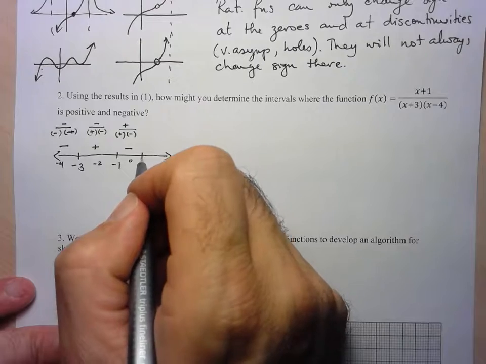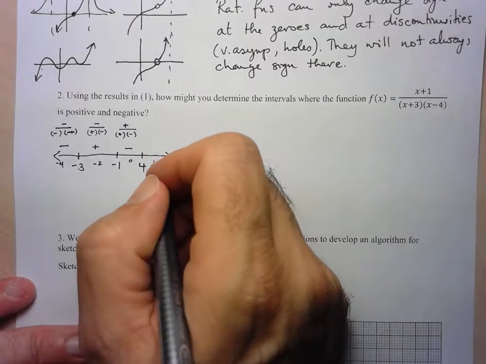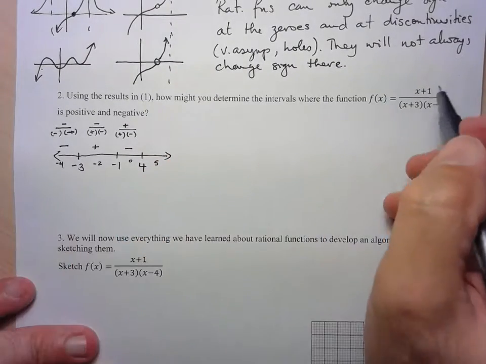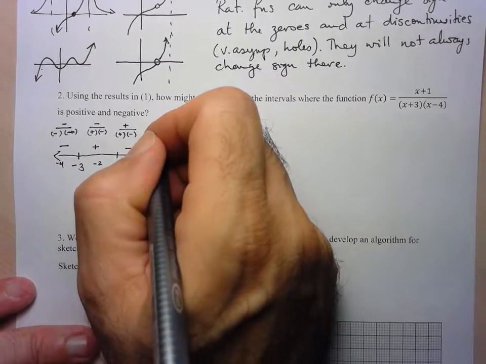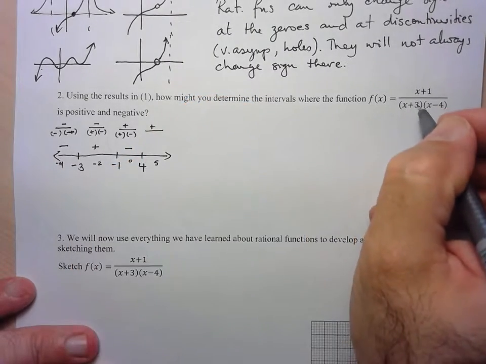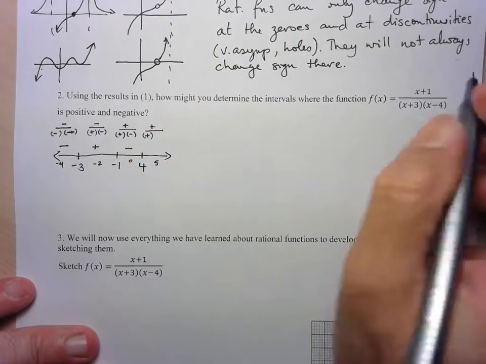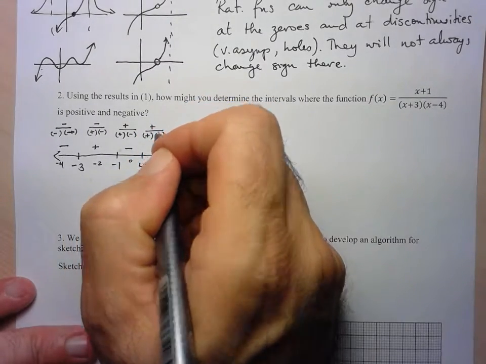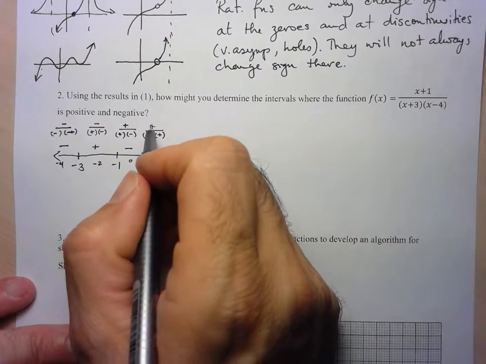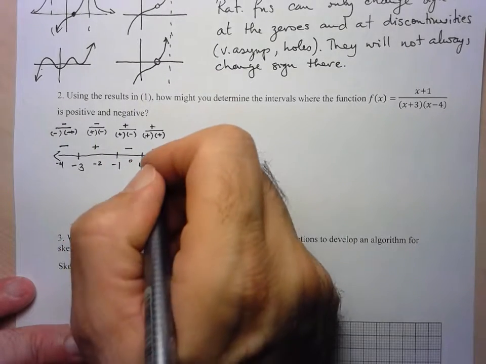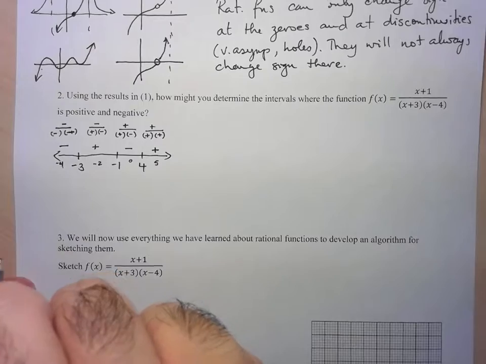Let's do the last interval. Let's pick any number bigger than 4. Let's pick 5. 5 plus 1, positive. 5 plus 3, positive. 5 minus 4, positive. So in the end, I have a positive number divided by a positive number, which gives me something positive.